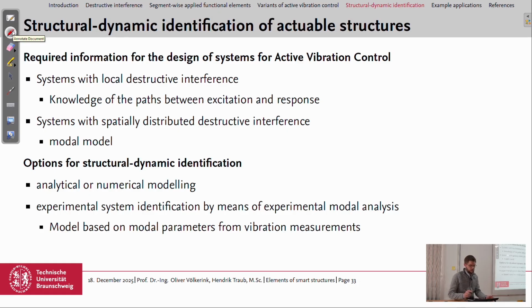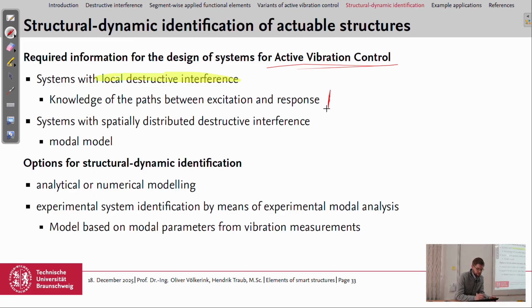For the two variants of active vibration control, the local and the modal one, we need knowledge about the systems. So for the local destructive interference, when we only try to calm down individual points, we need the knowledge about the transfer behavior for the primary and secondary paths. So we need the knowledge of the path between excitation and response.